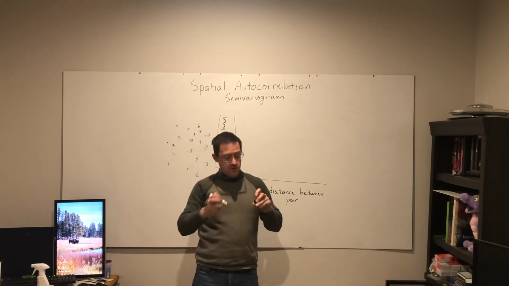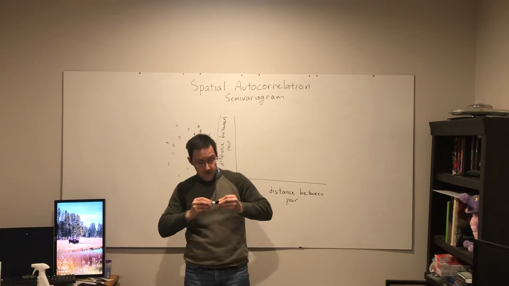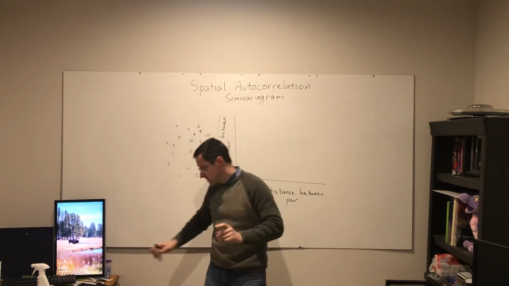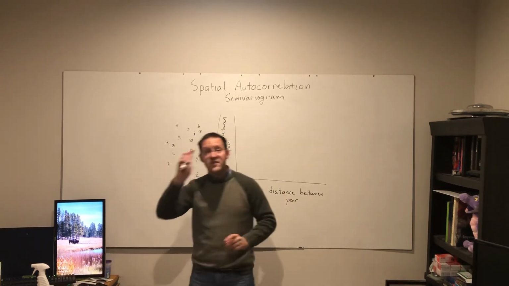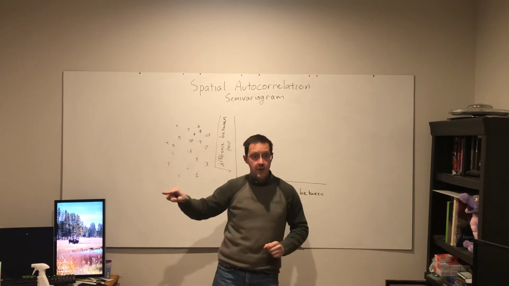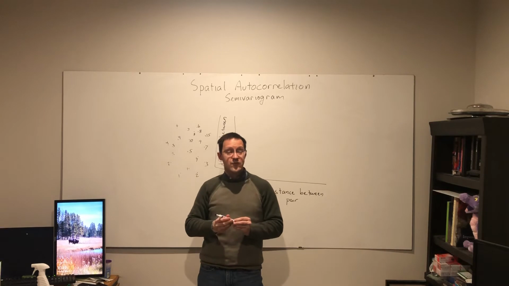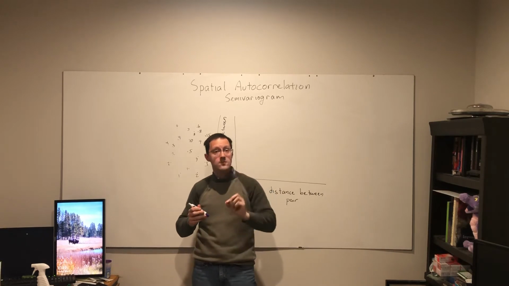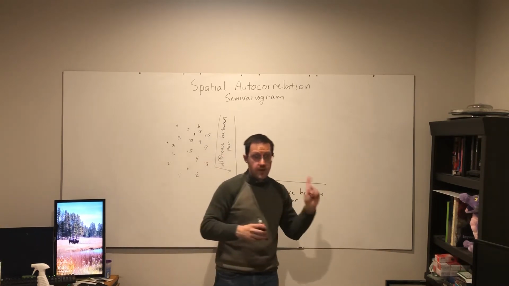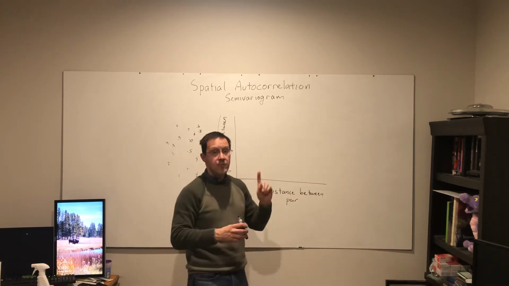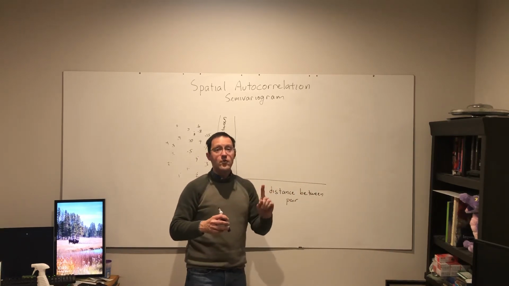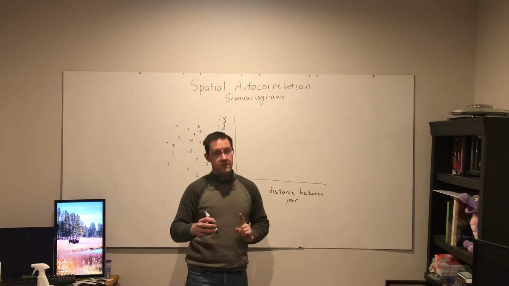And each point, each dot in my scatter plot is not representing a point on the map. That is the first and probably in some ways the most critical and hardest thing to get your head around. Each point in a semivariogram scatter plot is not a point on the map. It refers to a pair of points.